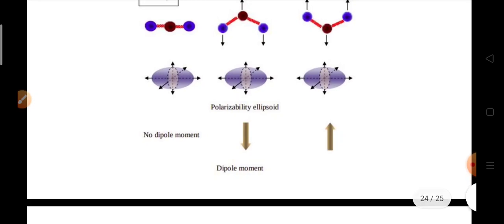So from the Raman scattering light we can use Raman spectroscopy as a tool to study the vibrational and rotational structure of homonuclear molecules like H2, O2, N2.